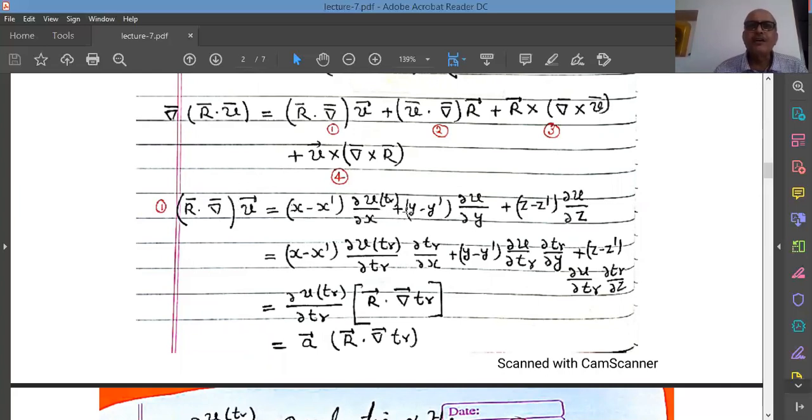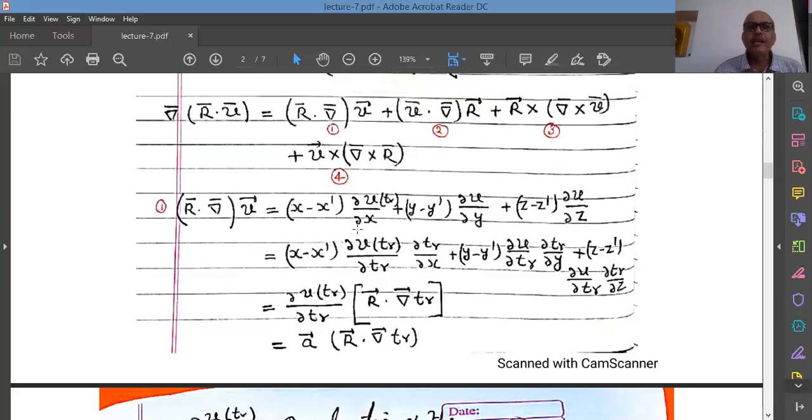Then (y minus y dash) del v over del y, and then (z minus z dash) del v over del z. Now v is the retarded velocity, z is the present position. So we will express this as del v over del t_r. When we write del v at t_r divided by del t_r, it is the rate of change of velocity at the retarded position as a function of retarded time. And then del t_r over del x, and same thing we will do for the remaining two terms also.